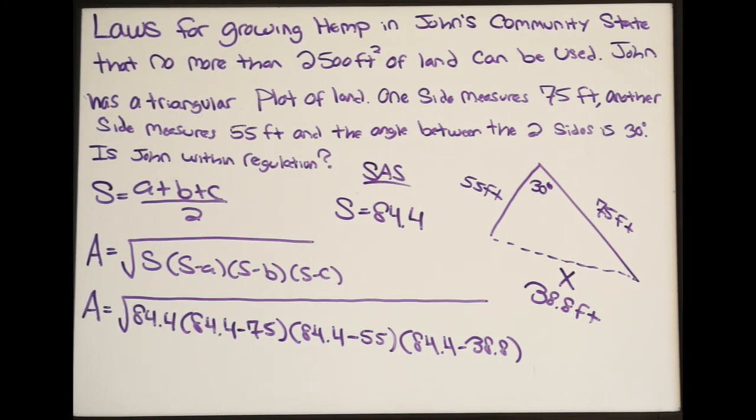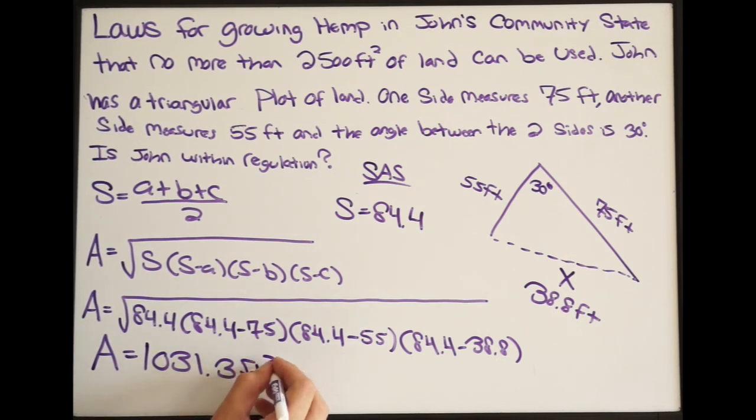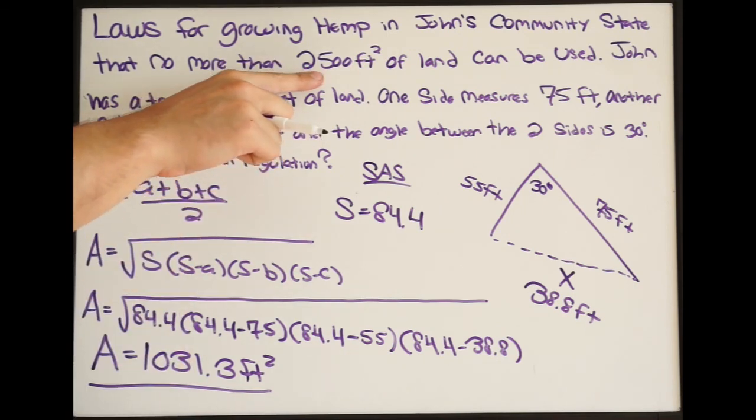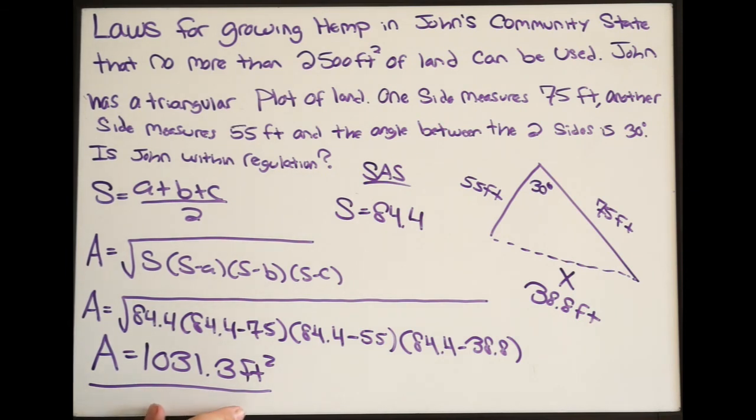The area is going to equal, rounding, 1031.3 feet squared. This is the area of John's triangular plot of land. We can see that it is within regulation. It's not going over 2,500 square feet. He's below that, so he's in regulation. This means that, yes, John is within regulation. And that is it.